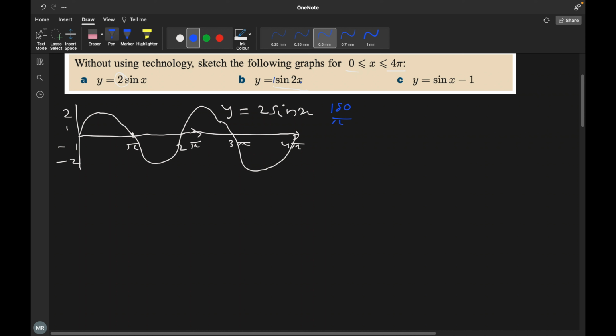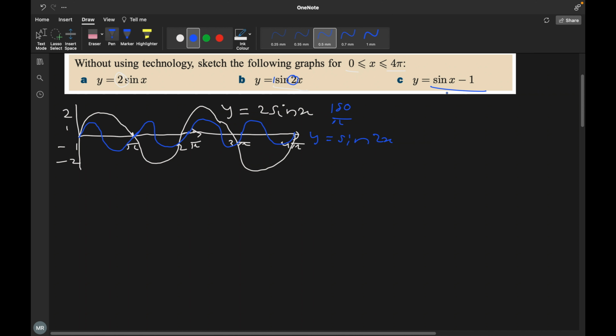That's because x is multiplied by a factor of 2. So this is how it would look like. This is y equals sine 2x.